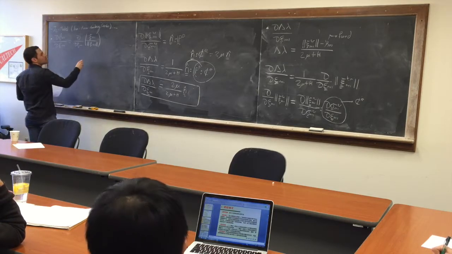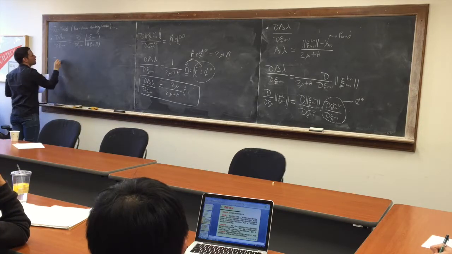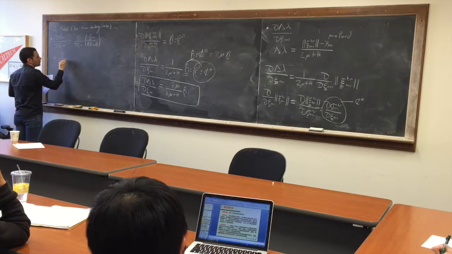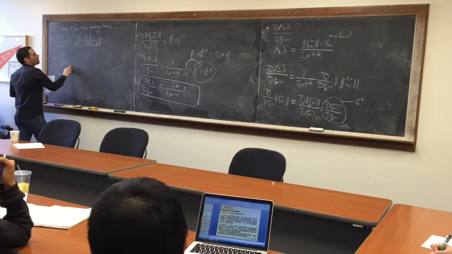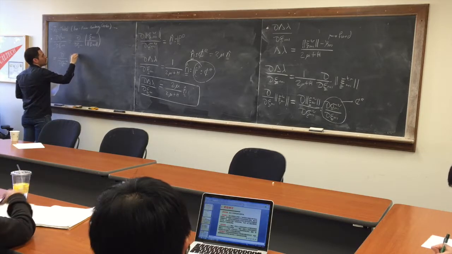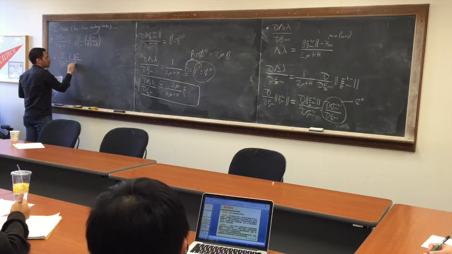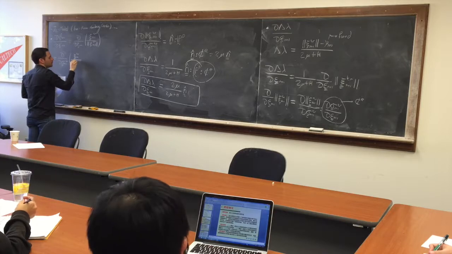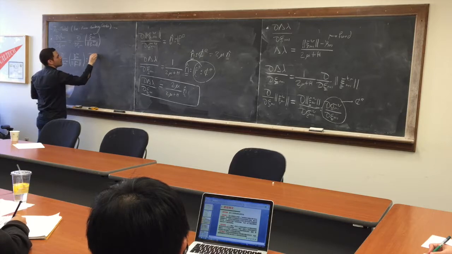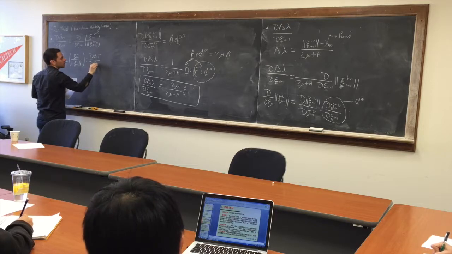And then I can use the chain rule with respect to sigma n plus 1 trial, and then sigma n plus 1 trial with respect to epsilon n plus 1.